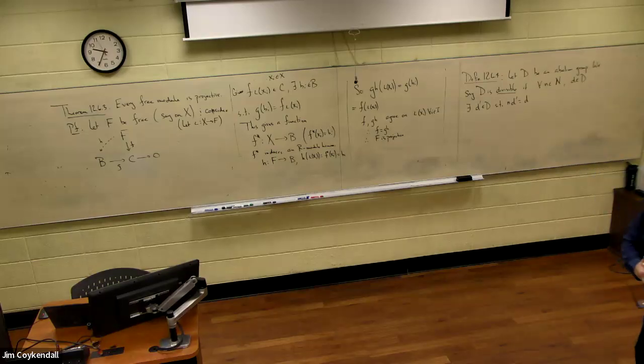So this is why it's called divisible, one might argue. What this says is, given any element of D and any positive integer n, d over n is still in the group. That's essentially what's going on here. Can anybody think of an example of a divisible group?